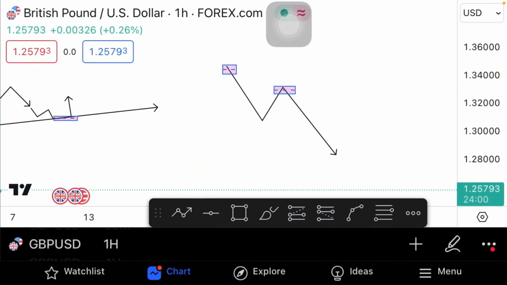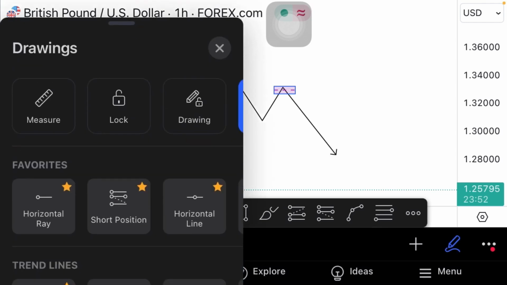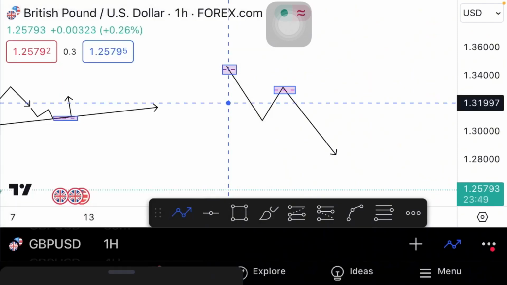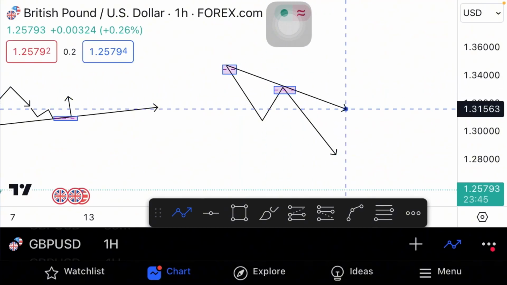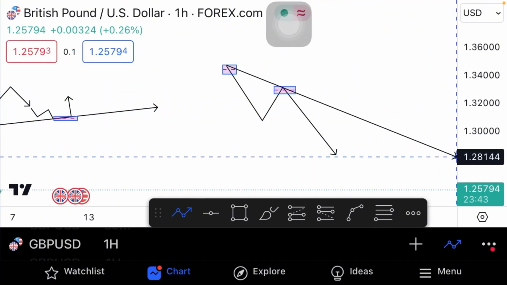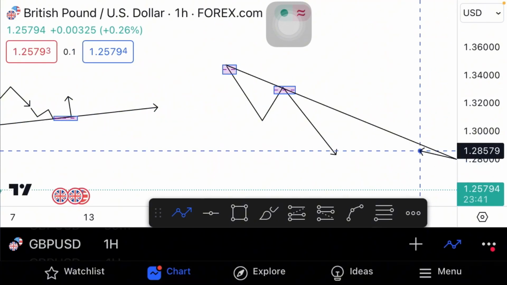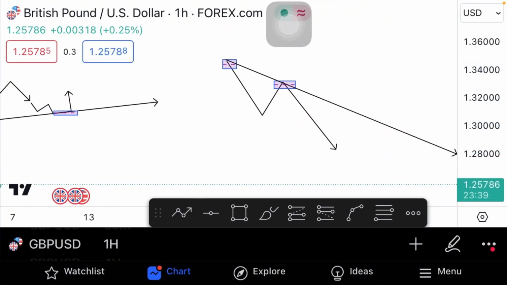We connect the two peaks from the left to the right side of the price, first touch, second touch, then we extend it to the right side.